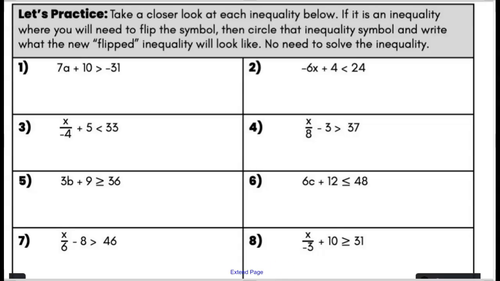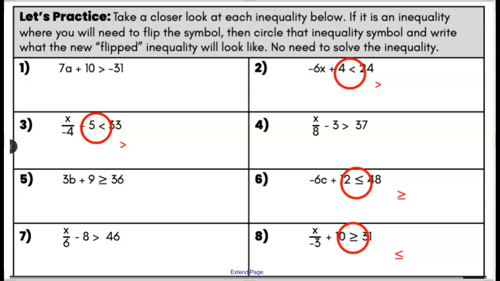All right, let's take a look. Number one, the variable is teamed up with a positive number, so no. Here on number two, the variable is teamed up with a negative number, so yes. Number three, the variable's teamed up with a -4, so yes. When they say teamed up, they really mean multiplied or divided by, okay?